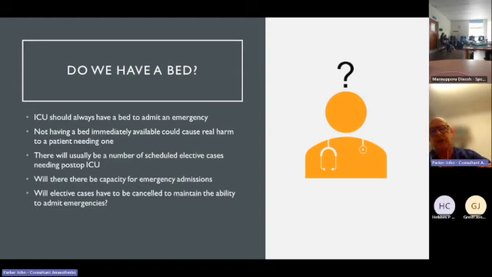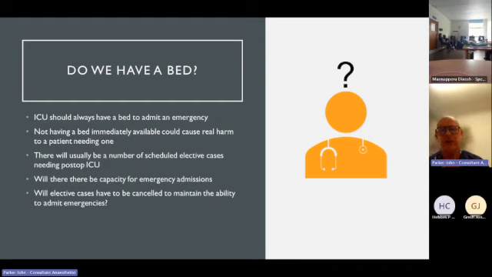Coupled with that, every morning we will often have a number of scheduled elective cases that need to come to ITU post-op. So they're planned to come. So it's a planned rather than unplanned admission. And if we were to admit all those patients, would that lead to a situation where we don't have a bed?